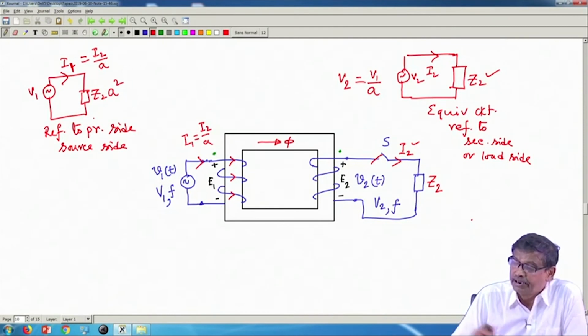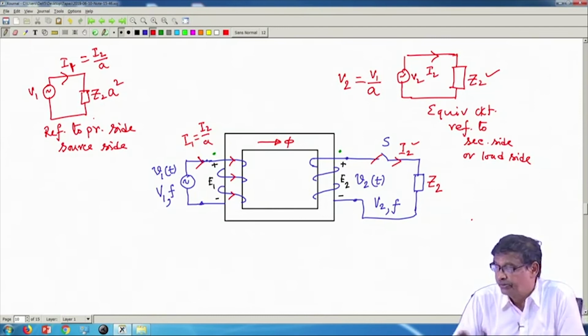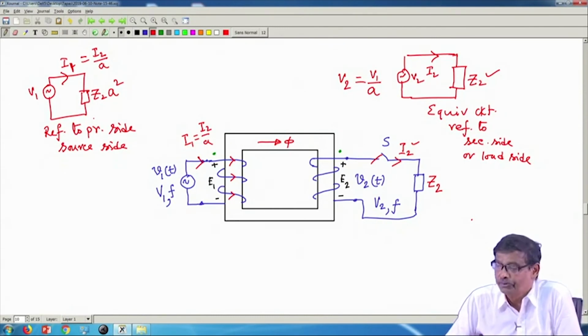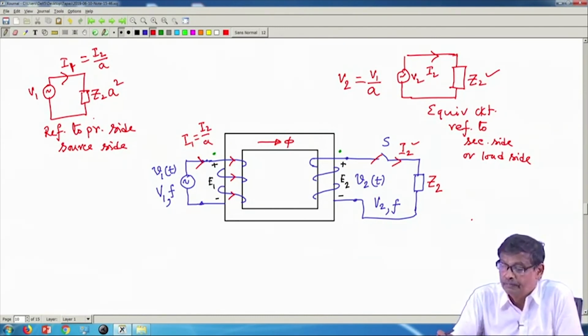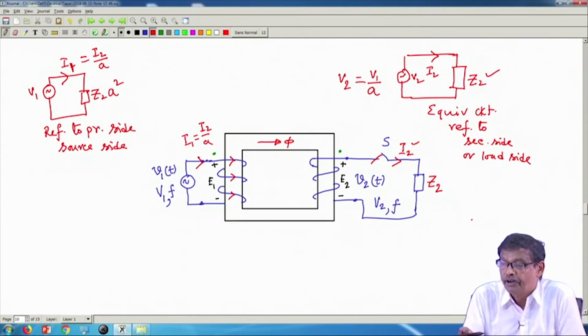On the load side, when I draw the equivalent circuit, I am in the secondary circuit. So, I should not disturb Z 2. Z 2 is Z 2, here is I 2, here is V 2, but the primary applied voltage V 1 gets transformed to V 1 by A, and this is I 2, and I 2 is equal to A into I 1.